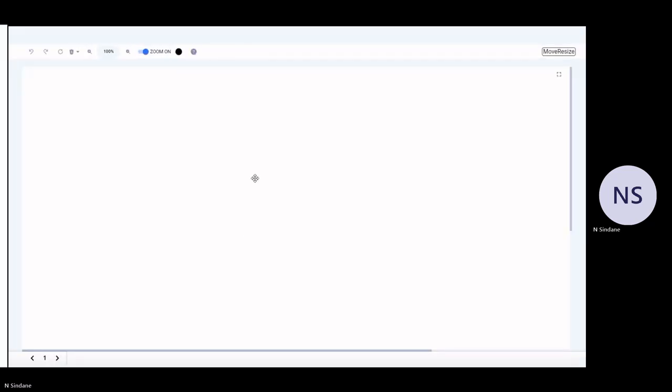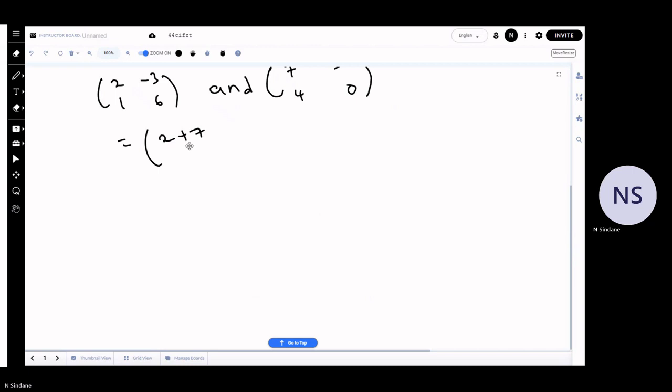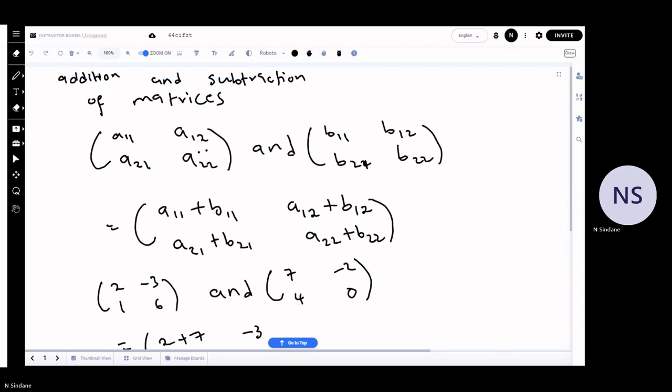Then row 1, column 2, I have -3, and it is added to -2.